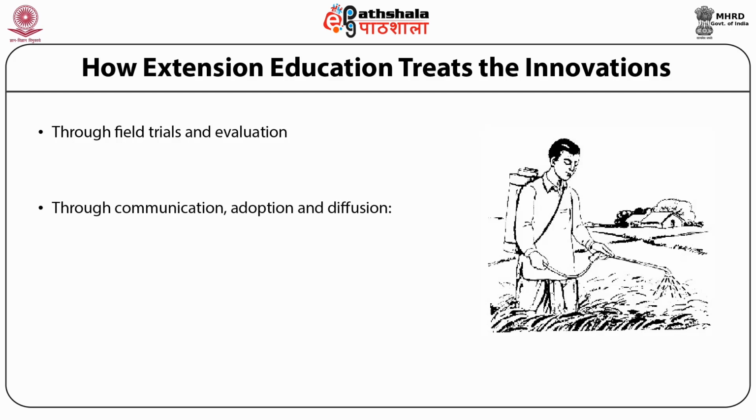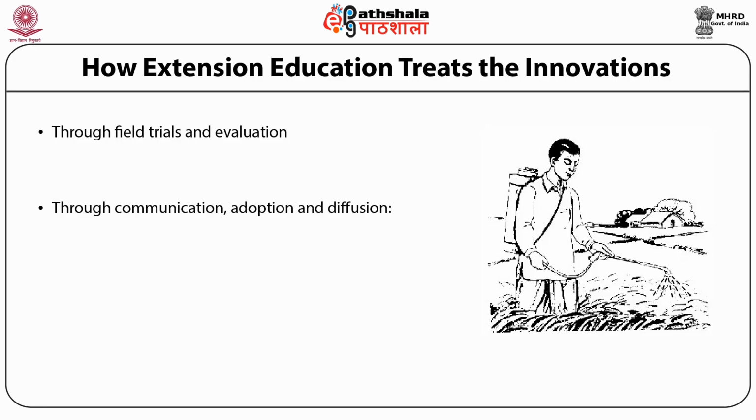The second way in which the innovations are treated is through communication, adoption, and diffusion. Treatment of innovations is a key process in technology adoption. Innovations are communicated to encourage adoption among the social system. The basic purpose of communication is to develop commonness as far as the technology under consideration.